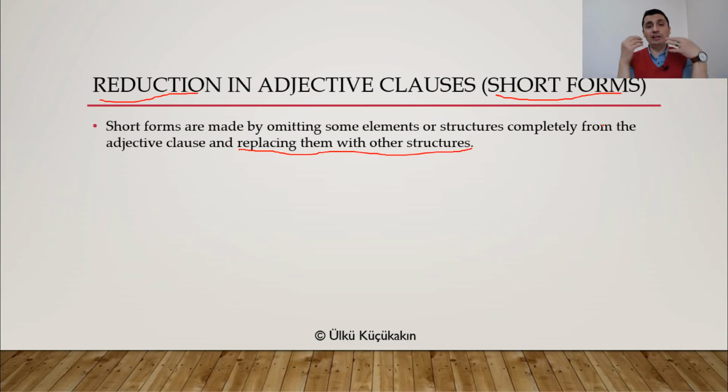So this is different from omission. In omission, you have another subject, so you omit only who, which, that, and when, okay? But in reduction, you omit some elements or structures, but you put other structures in place of them.